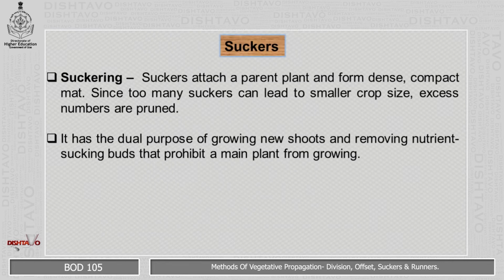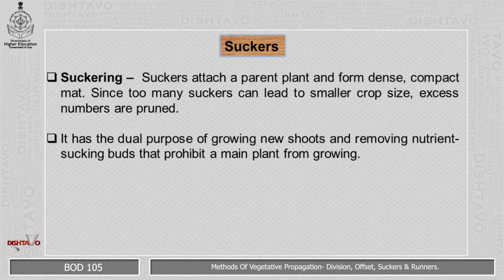Now, what is suckering? This is another process which is done in plants which produce suckers. Suckering is a process wherein suckers which are attached to a parent plant are removed. And why are they removed? Because if they remain close, they form a dense mat which doesn't allow the main plant to grow properly, and all nutrients are distributed among them.